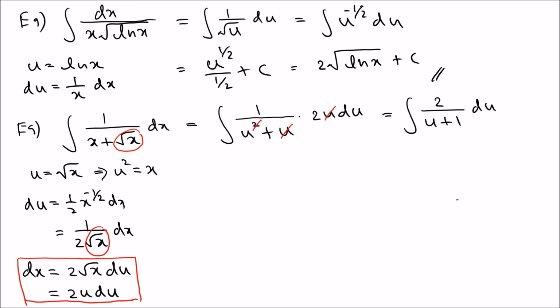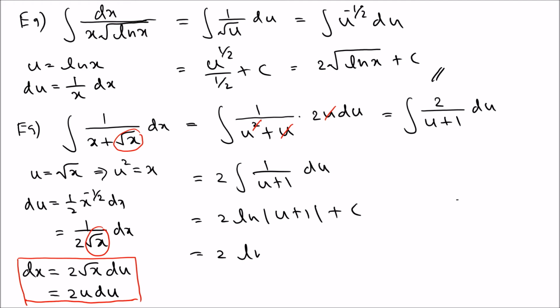Now you can see this is simply the natural log. You can integrate that. So you're going to take 2 out. So this is 1 over u plus 1 du, which is simply the natural log, ln of u plus 1, plus c. But we know that u equals square root x.